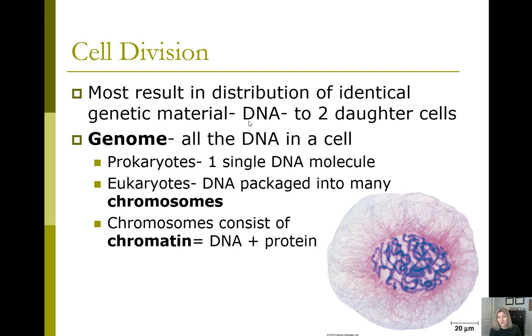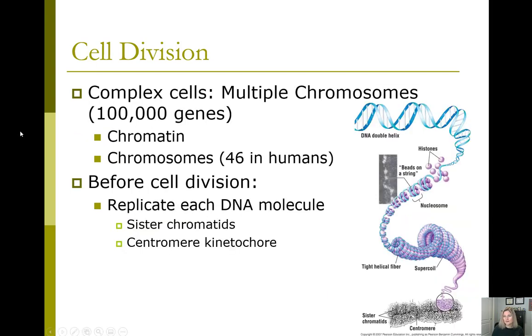With eukaryotes, we carry our DNA on many chromosomes, and the number varies depending on the species. We have 46 for humans. And prokaryotes just have one singular DNA molecule. So there are our 46 chromosomes.